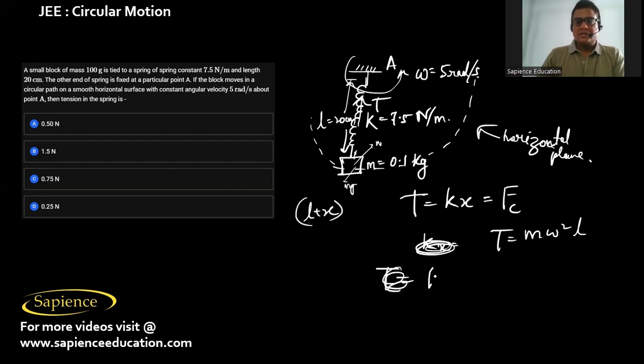So therefore, we can say kx will be equal to m omega square into (L plus x). So from here we can find out x actually.